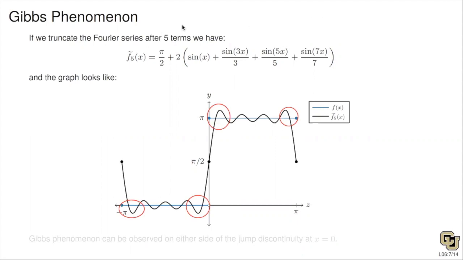And in particular, the way I want you to analyze this in your mind is to say, well, the accuracy here and here is way less than the accuracy here and here. And this is a visual example of pointwise convergence versus uniform convergence.